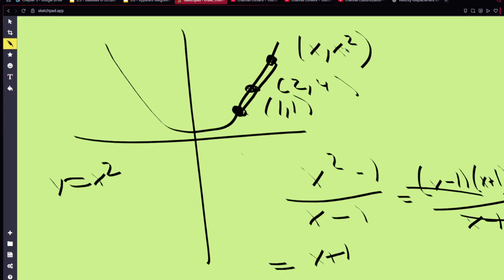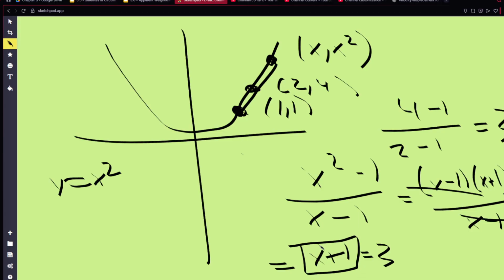Because we know that (2, 4) is another point on this curve, if we plug it into here, the slope between these should be 3, because 4 minus 1 over 2 minus 1 is just 3. So the slope between these two points is 3. Pretty simple. That means x plus 1 gives us the slope between any two points relative to this point on this graph.